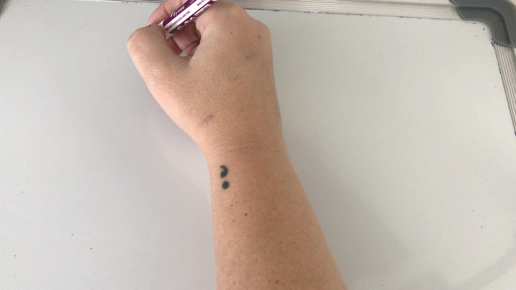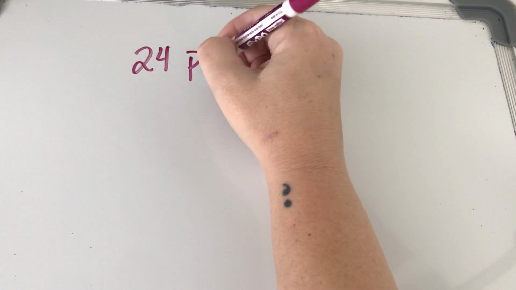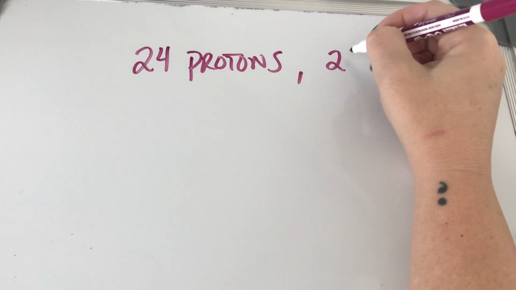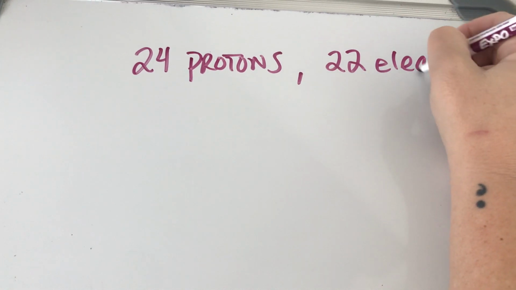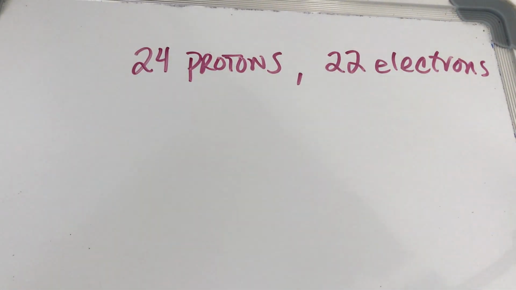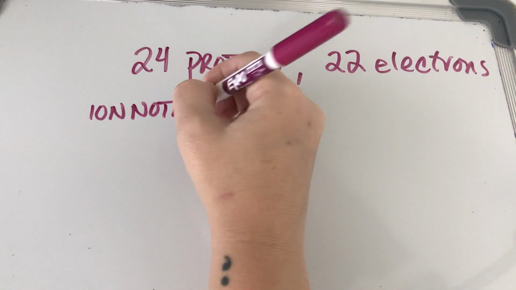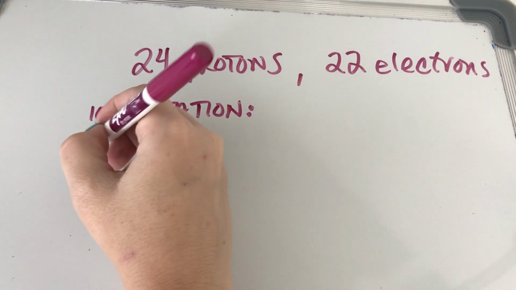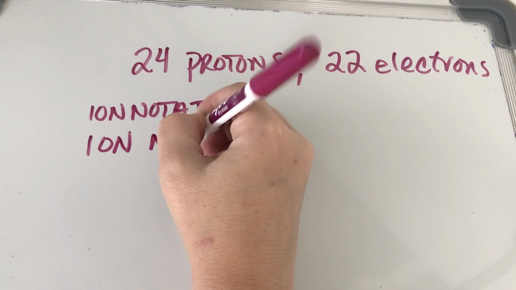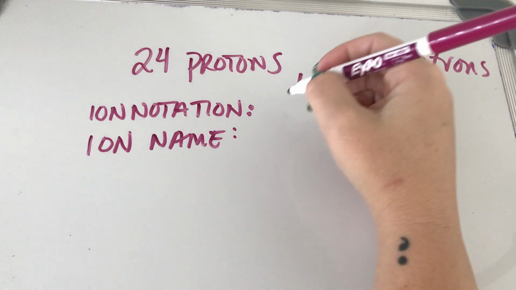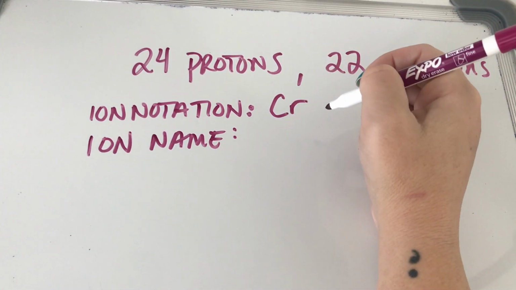So let's say we have chromium, which has a chemical symbol of Cr.